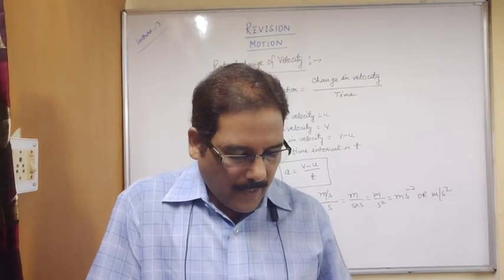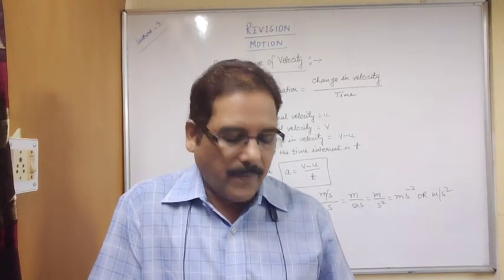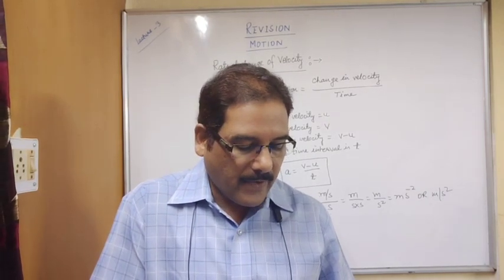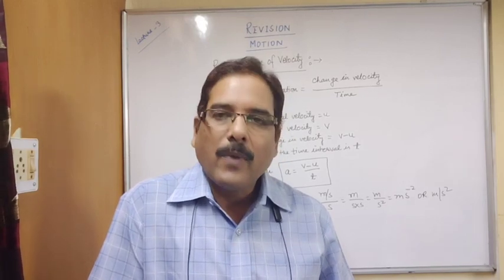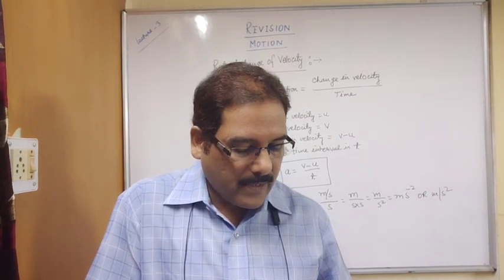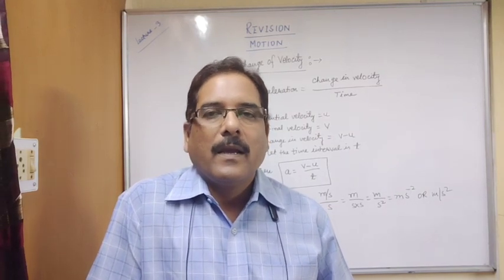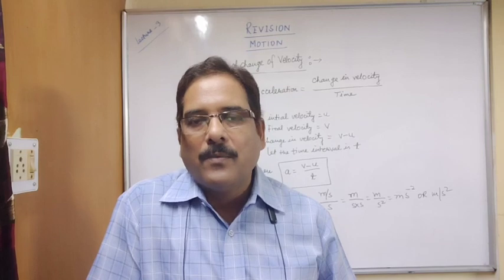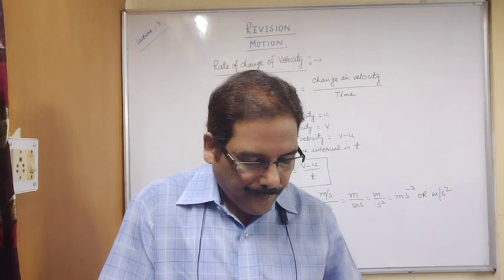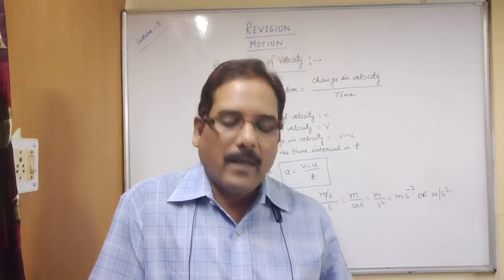I am reading the last paragraph, page 103 of the NCERT book, left side: if an object travels in a straight line and its velocity increases or decreases by equal amounts in equal intervals of time, then the acceleration of the object is said to be uniform. So if the velocity increases or decreases, it means the change in velocity is uniform with respect to time, then acceleration is also uniform. The motion of a freely falling body is an example of uniformly accelerated motion.